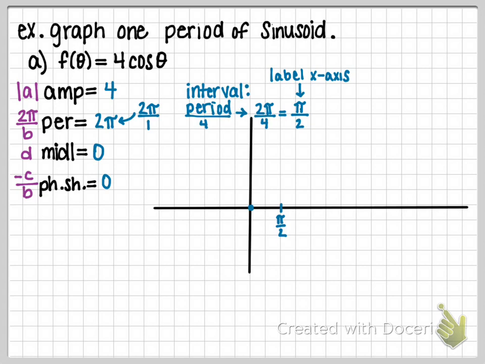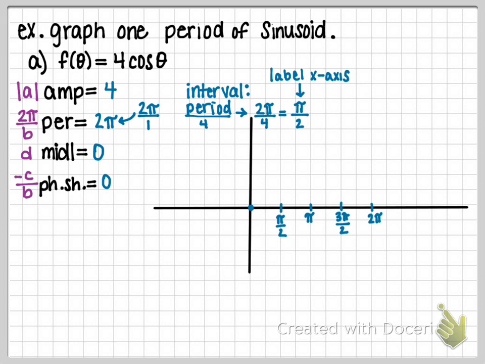Pi over 2 plus pi over 2 is 2 pi over 2, or just plain old pi. 2 pi over 2 plus 1 pi over 2 is 3 pi over 2. 3 pi over 2 plus pi over 2 is 4 pi over 2, or 2 pi. So that will give me 1 period.